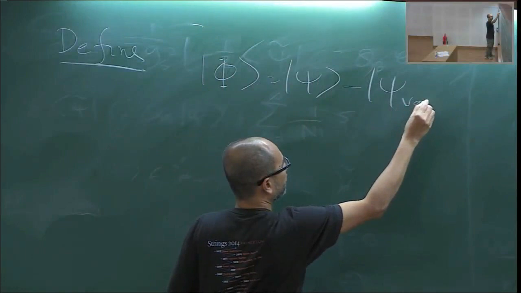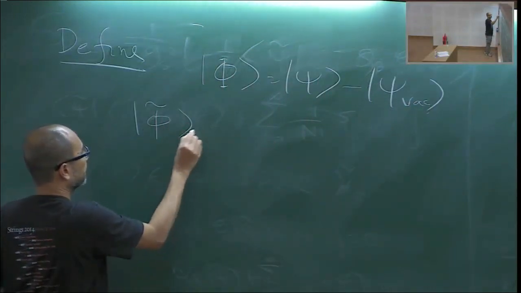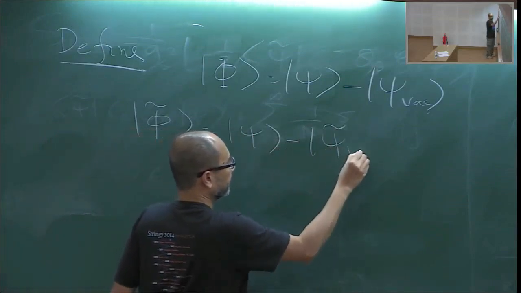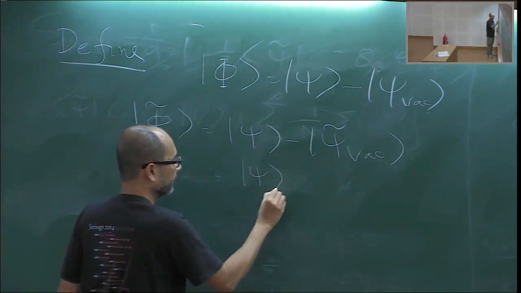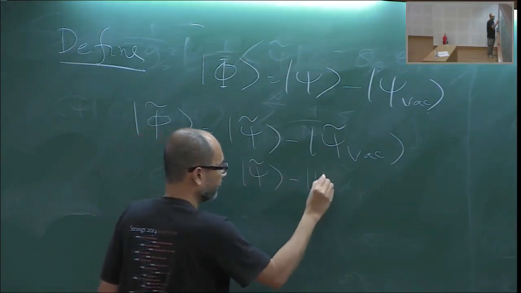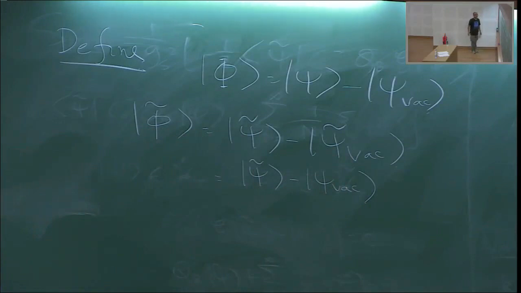These are the fluctuating fields, and similarly phi tilde, which is psi tilde minus psi tilde vacuum, which is of course the same as psi tilde minus psi vacuum, because in the NS sector psi tilde and psi are the same.